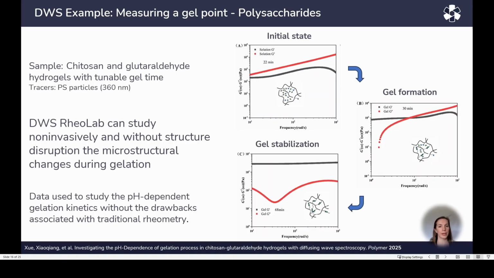In this DWS example, I show you a study recently published by the Jiangsu Institute of Technology in collaboration with Penn State University. They explored how the pH influences the gelation kinetics of chitosan glutaraldehyde hydrogels utilizing both rotational rheometry and diffusing wave spectroscopy for analysis.